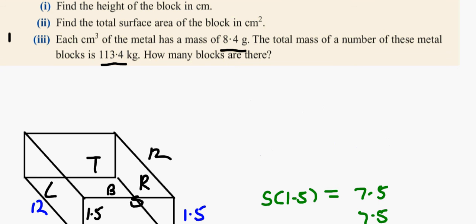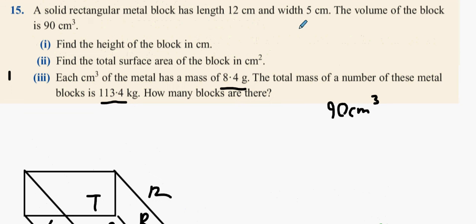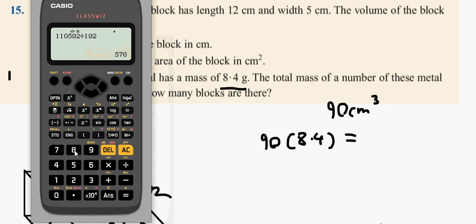Now, next thing. What's 756 grams in kilograms? 0.756 kilograms. Or, what's 113.4 kilograms in grams? Multiply by 1,000 and you get 113,400 grams.